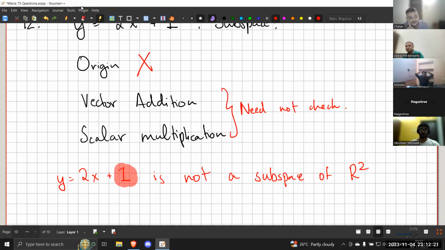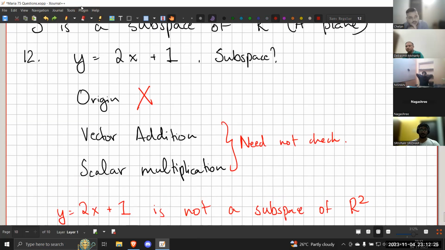Now you know why the constant being 0 was so important, because we were going to discuss vectors, and vectors do not pass through any other point except the origin. All the vectors pass through the origin. You cannot give me any vector in linear algebra that does not pass through the origin.